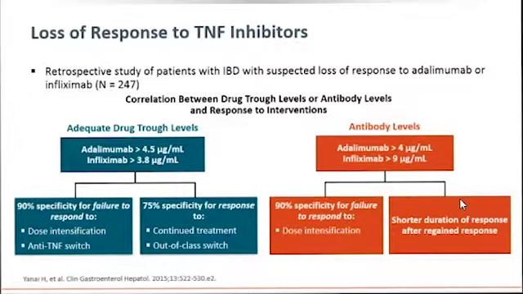And you have a 75% chance to respond if you continue treatment or switch out of class. If you have antibodies, adalimumab more than 4 and infliximab more than 9, then you have a 90% specificity for failure if you did dose intensification.